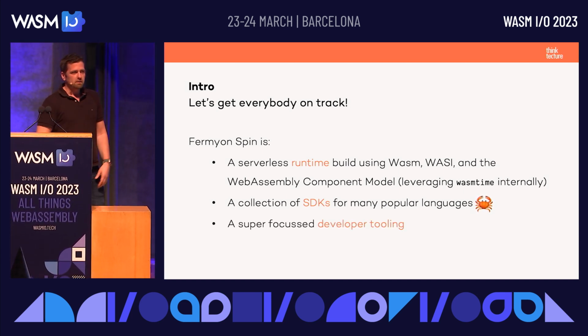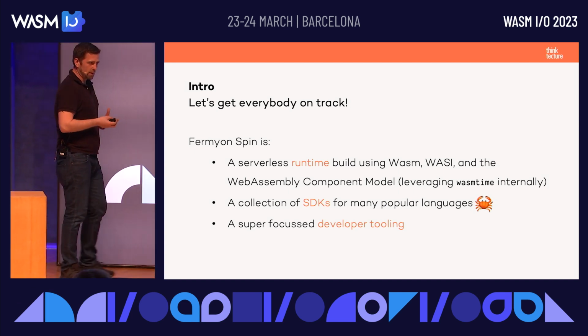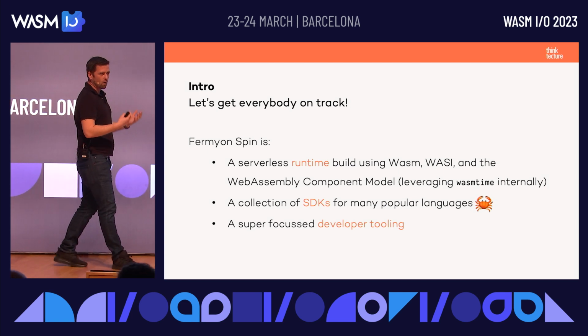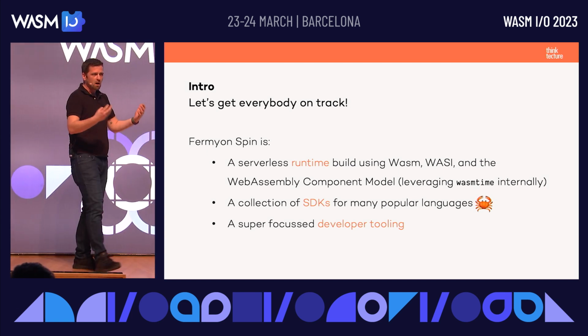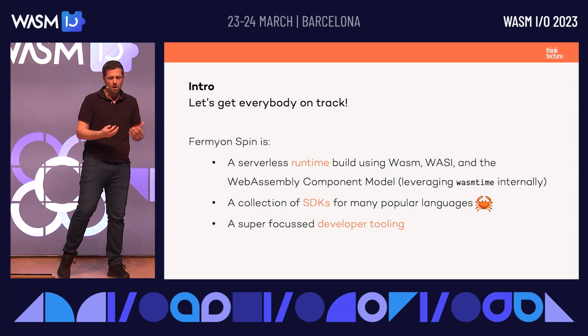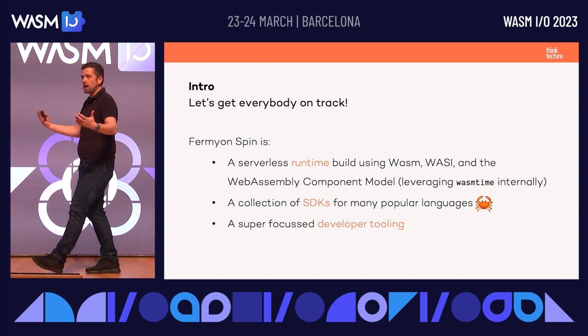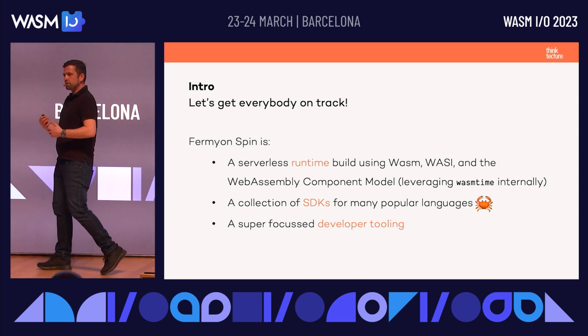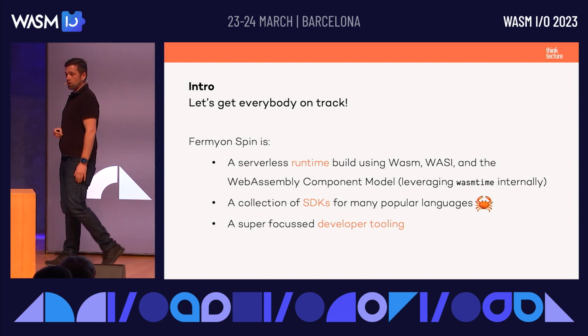Third is super focused developer tooling. Because that has been the rocky road for application developers when it comes to WebAssembly. It's the dev story, right? It's how to remain productive in doing our day-to-day job.